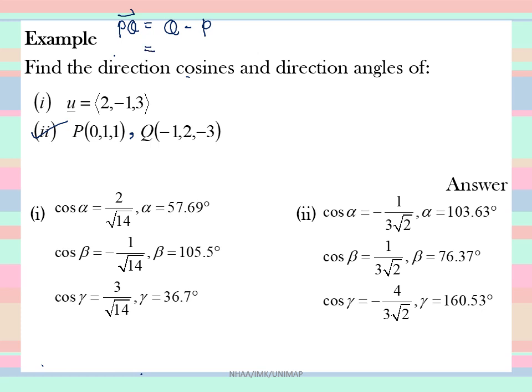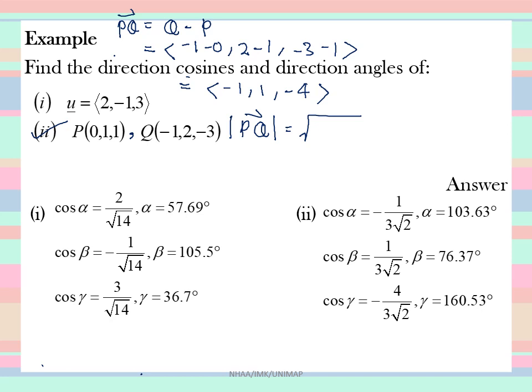Okay, this is equivalent to 1 minus 1, 1 minus 0, 2 minus 1, 3 minus 1. So vector PQ is minus 1, 1, minus 4. Okay, so find the magnitude of PQ.